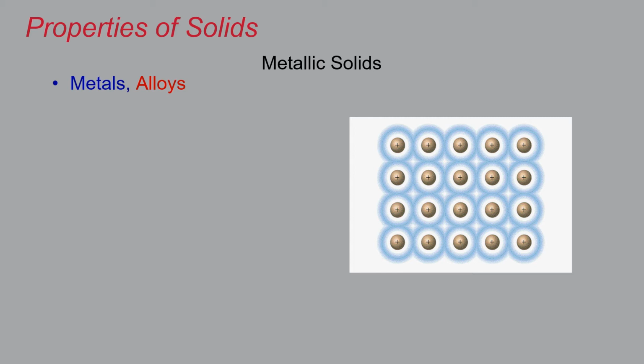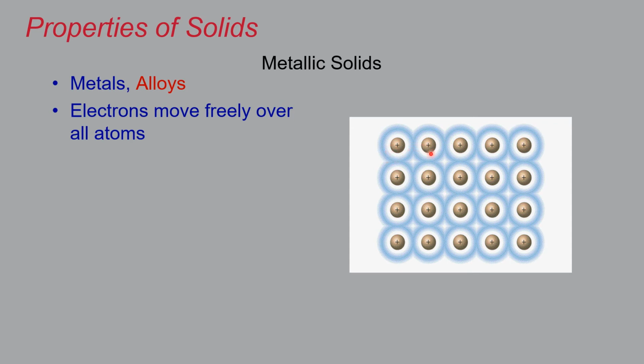Now, again, this is way beyond the pay grade for this class, but just to sum it up, the way that metallic elements are held together is actually quite different, in that there's at least some number of electrons that are able to move across the entire piece of metal.